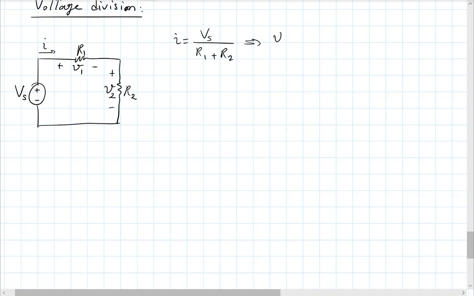And so V1, which is R1 I, is that, and V2, which is R2 I, because I just had the same current there.